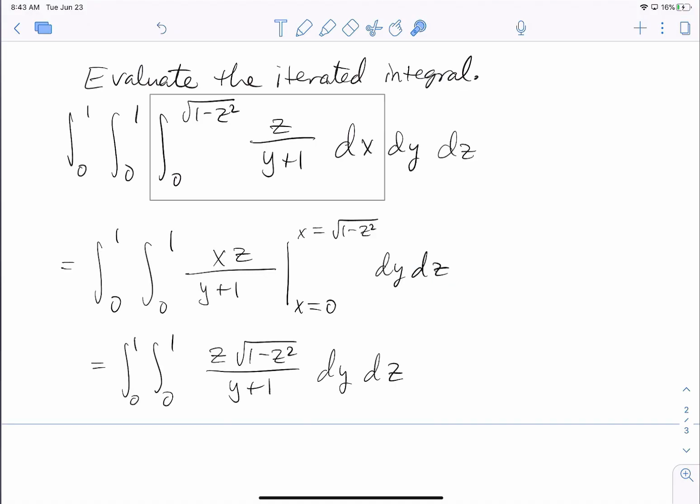Integrating with respect to x gives us the integral from 0 to 1 of the integral from 0 to 1 of xz over y plus 1, x going from 0 to the square root of 1 minus z squared. We still have dy dz. And evaluating at the limits for x gives us in the numerator z times the square root of 1 minus z squared. And the denominator is still y plus 1.